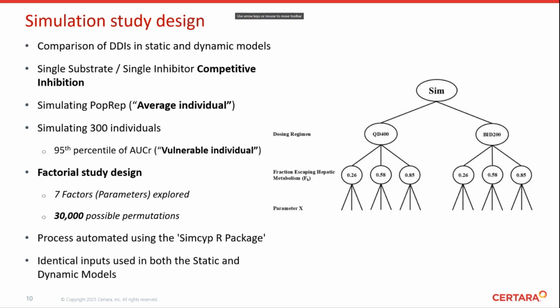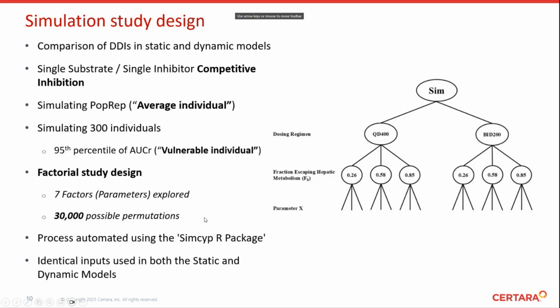And the way we did this is that we have selected parameters of interest that we thought could contribute to discrepancies between models, and we had 7 of these parameters to which we assigned a range of values. We would then vary these parameter values independently across all possible permutations, allowing us to generate a large number of distinct drug-drug interactions.